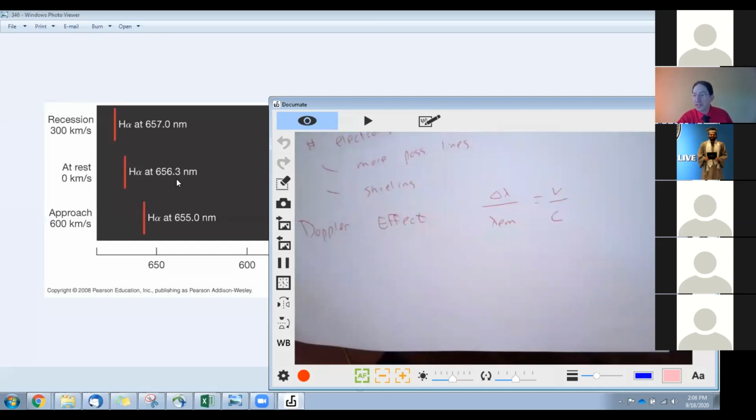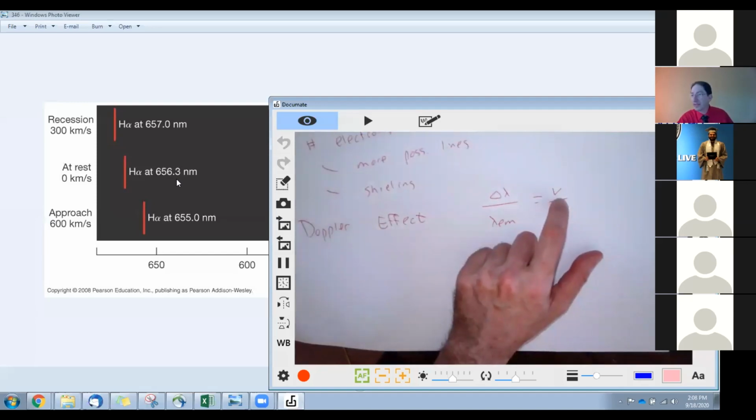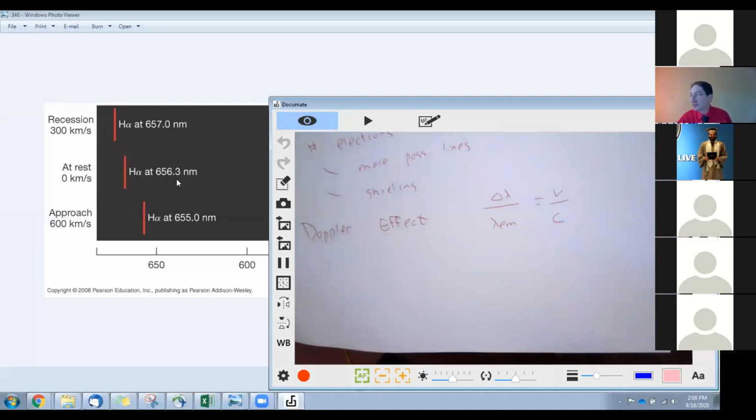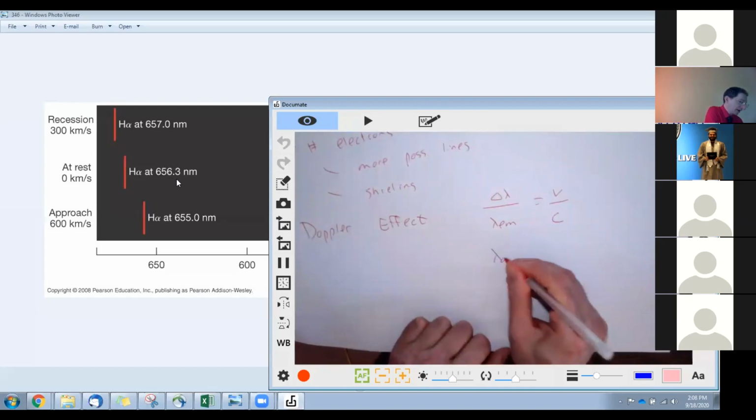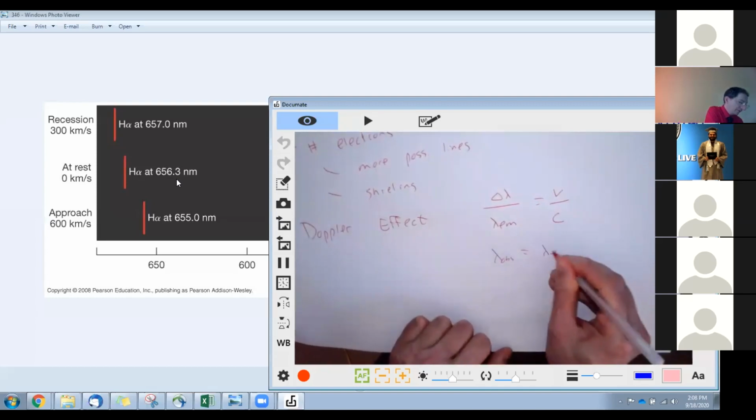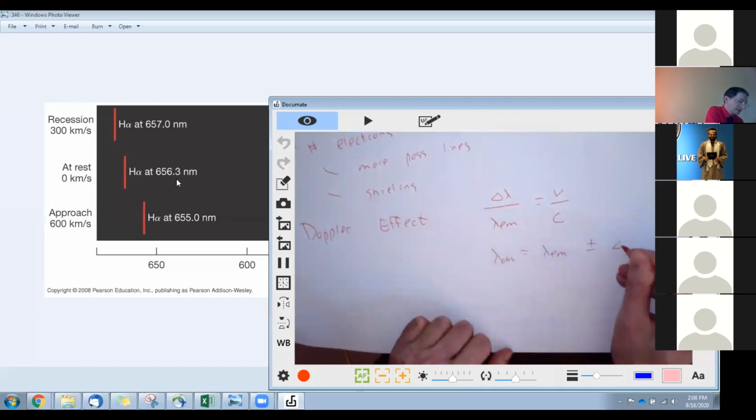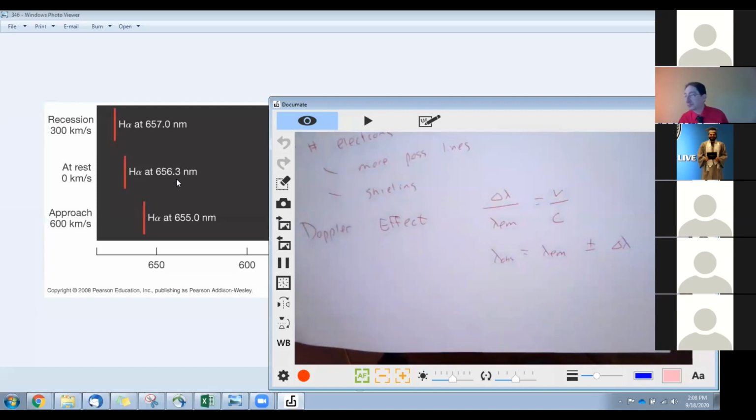Or you can see it in reverse, where I give you, like I think in the homework, the speed of the object and I ask how much is the shift, or what is the observed wavelength. The observed wavelength is the emitted wavelength plus or minus the shift in wavelength.